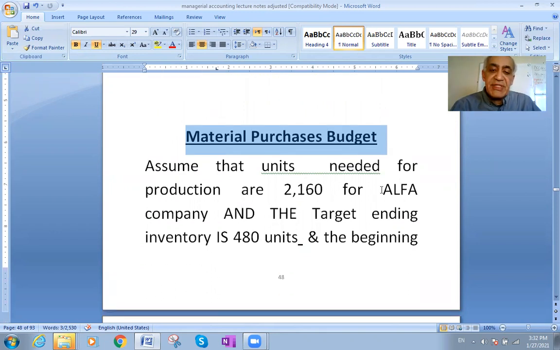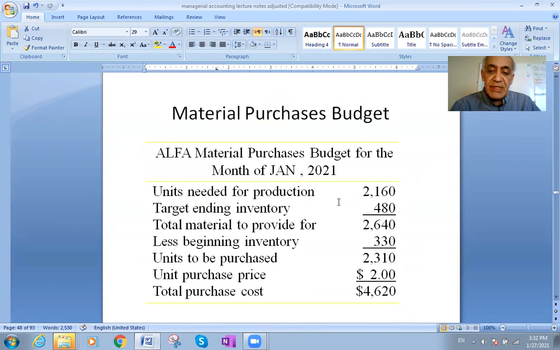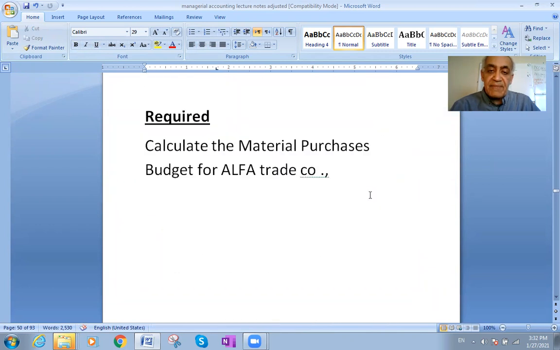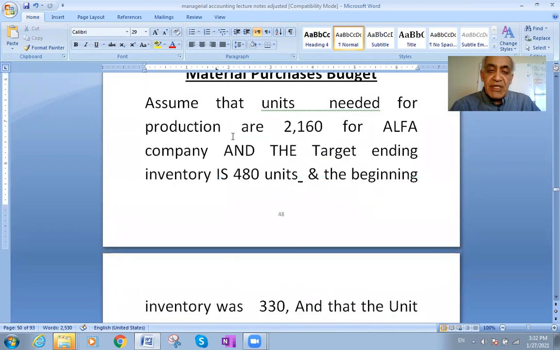So assume that units needed for production are 2,160 for Alpha Company. Then we said also needed for Alpha the target ending inventory is 480 units.